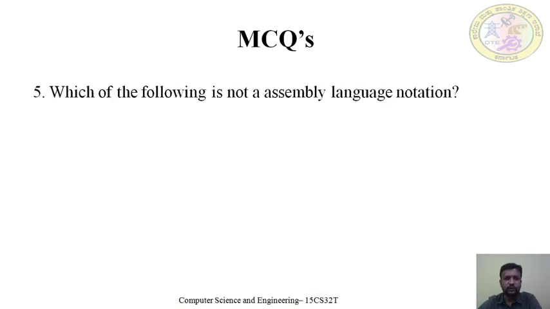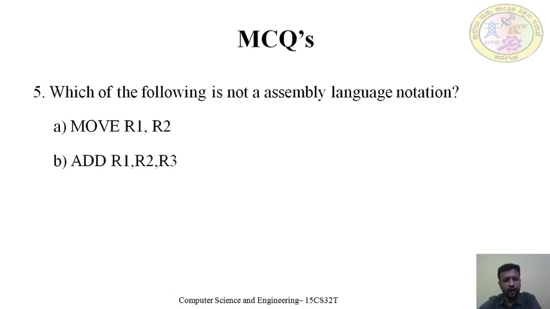Which of the following is not an assembly language notation? A, move R1 comma R2. B, add R1 comma R2 comma R3. C, load LOC comma R1. D, R3 is equal to R1 plus R2.